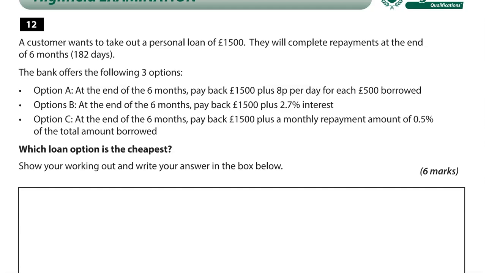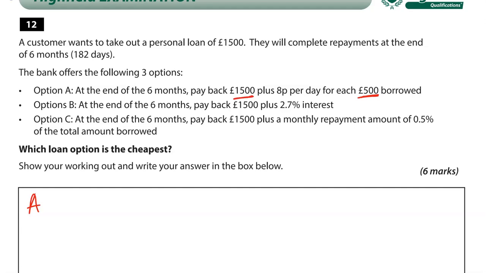So let's look at option A. So it says at the end of the 6 months, pay back £1,500 plus 8p per day for each £500 borrowed. So for each £500, and there are 1,500, so it's 3 of them.